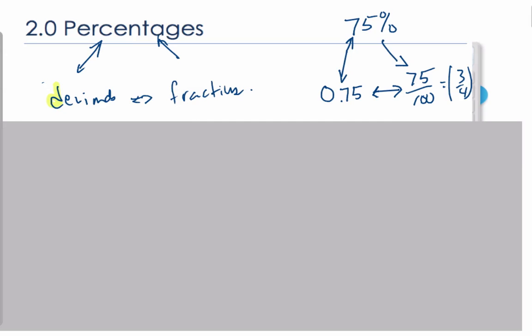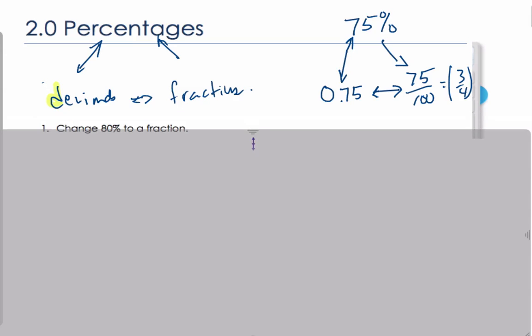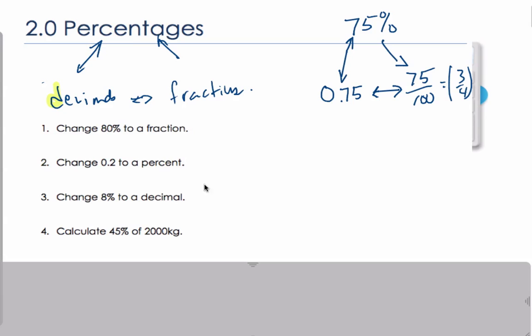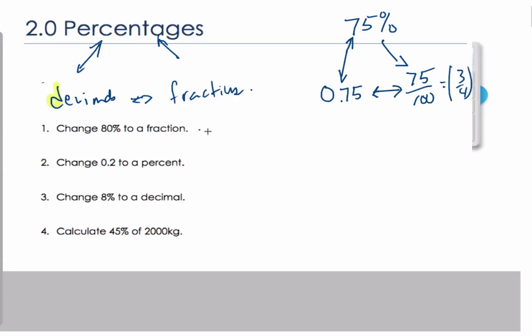So let's do a couple examples of converting back and forth. Okay, so I'm going to change 80% to a fraction. Well, 80% to a fraction, that's easy enough. Percent is out of 100, so that's 80 out of 100, which is the same as 8 out of 10, which is simplified to 4/5.